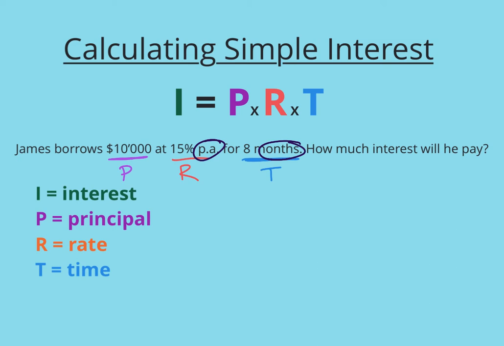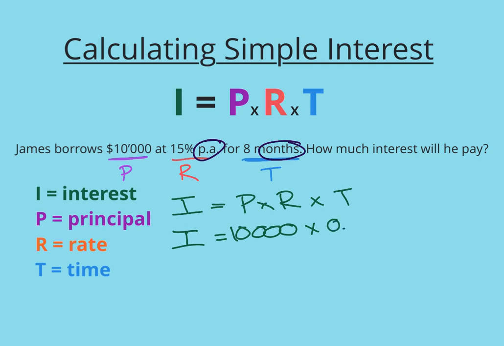So let's start by putting in our P and our R into our formula. I always start by rewriting the formula. So I is equal to P times R times T. Okay, so I is equal to, our principal was 10,000. Our rate was 15%, so we've got to write that as a decimal, so 0.15.